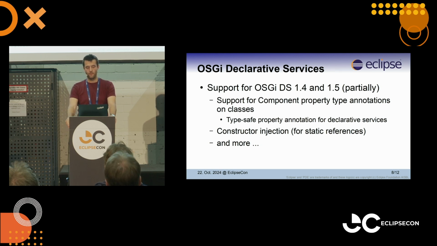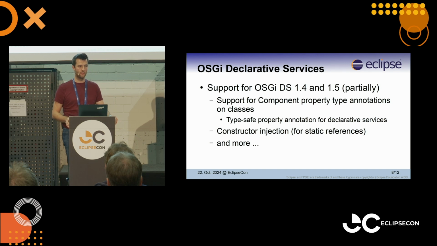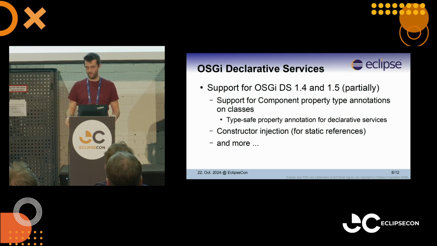Component property type annotations are a type-safe way to define the values of service properties through annotations for declarative services. I will show you an example in a second. Another feature is constructor injection for static references. And yeah, some more.